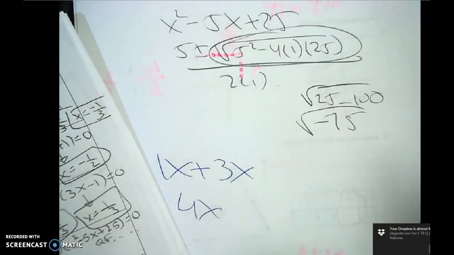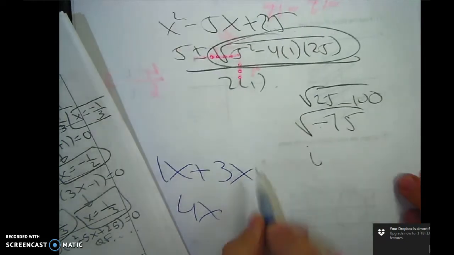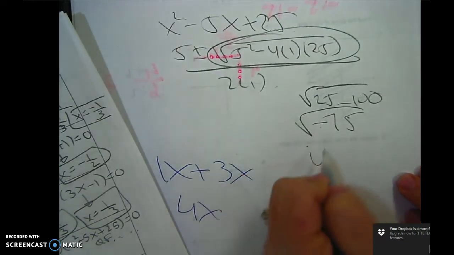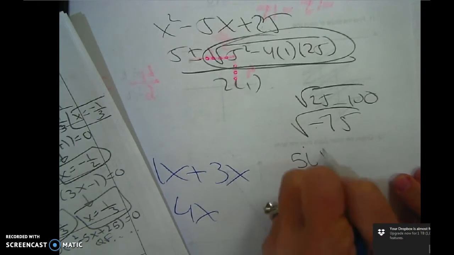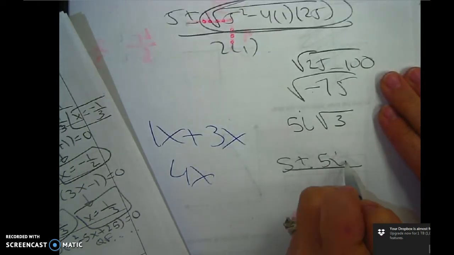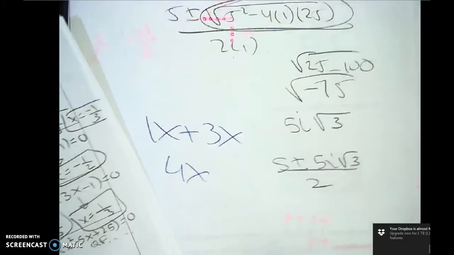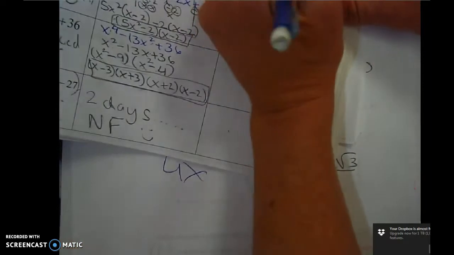You're going to get an imaginary number most of the time. Since that's negative, that's your i. If I simplify root 75, I get 5 rad 3. So I get 5 plus or minus 5i rad 3 over 2. So that is my other answer, which I will now put here.